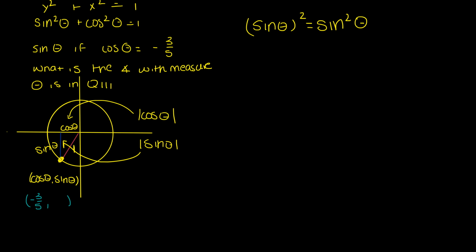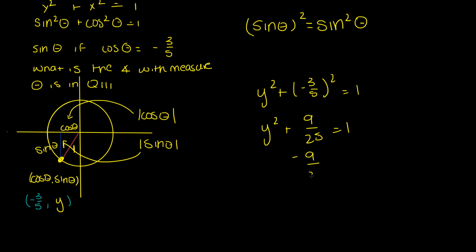So in our case, we don't know what y is. Y is our mystery. And so we're looking at my x squared. So y squared plus my x squared, negative 3/5 squared, which is the cosine squared, equals 1. This right here is y squared plus 9/25 equals 1.